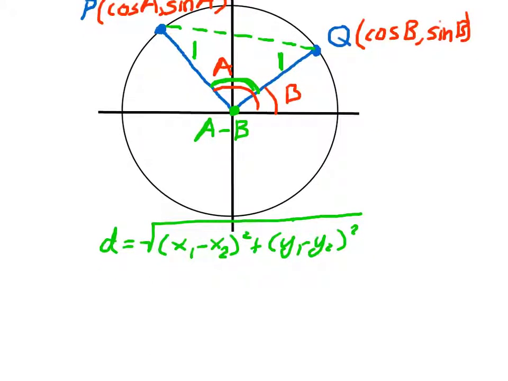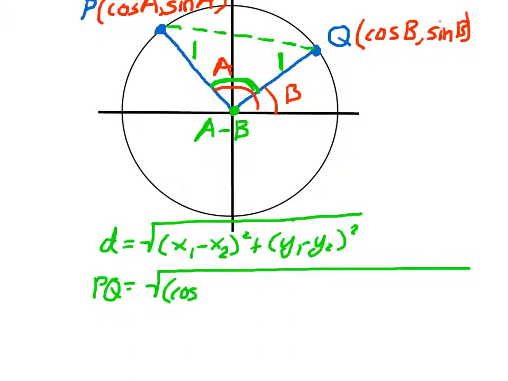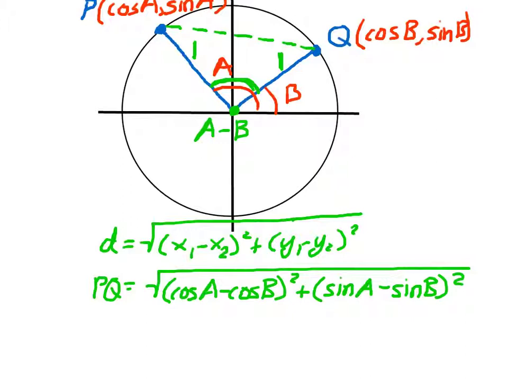So in this case, the distance between points P and Q is the square root of cosine A minus cosine B squared, because those are the x-coordinates of the 2 points, plus sine A minus sine B squared, because those are the 2 y-coordinates of the points.